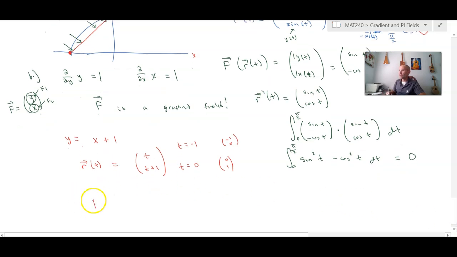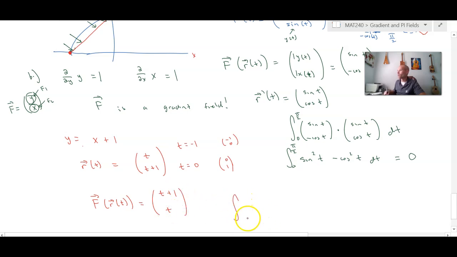And now if I evaluate the vector field at this position to calculate our line integral, well, that's going to amount to calculating the y component will go into the x position of our vector. The x component will go into the y position of our vector.